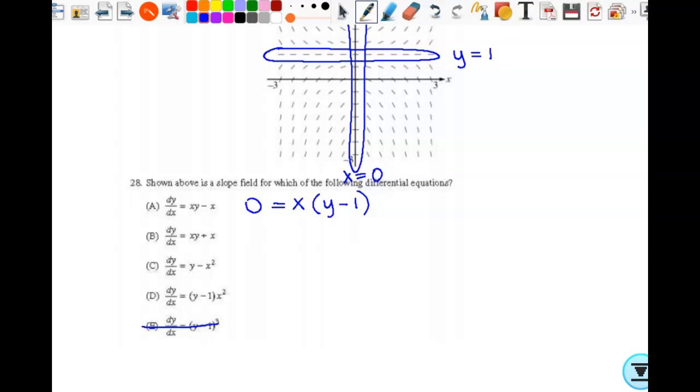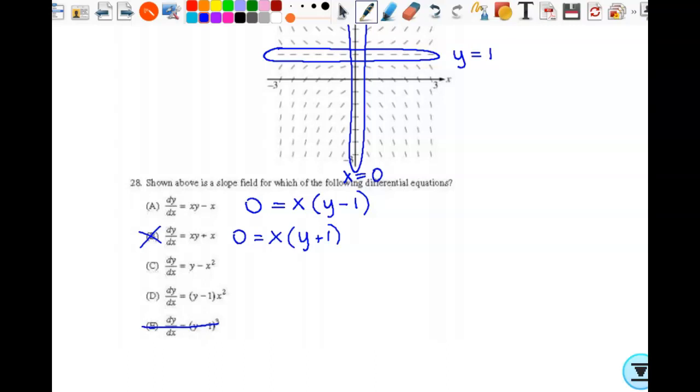Okay. What about B? If I set this equal to 0 and factor, y plus 1 equals 0 at y equals negative 1. So if that were my answer, I would expect to see 0 slopes along the line y equals negative 1, which is not the case. So B's out. What about C?